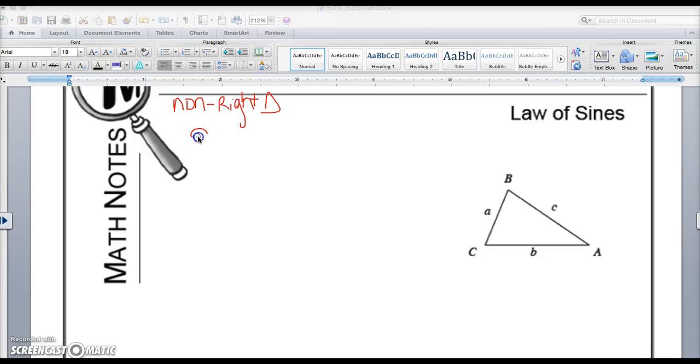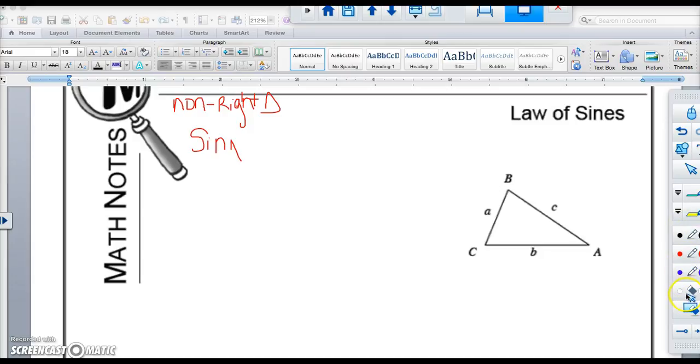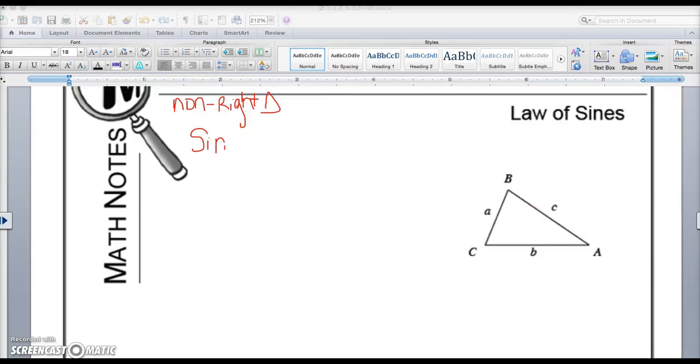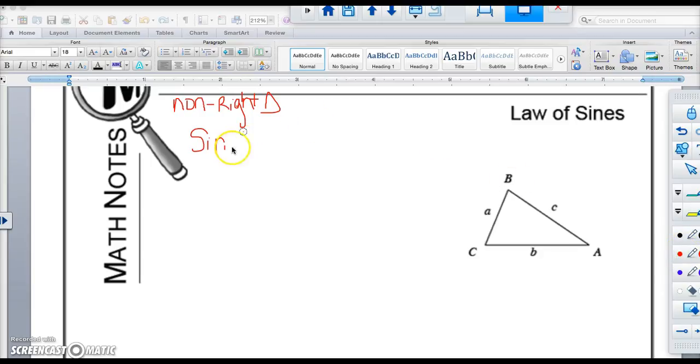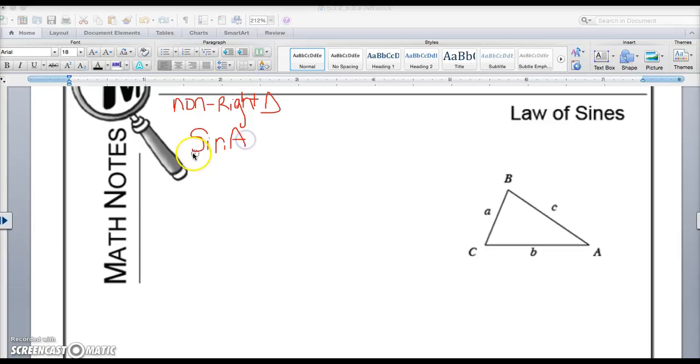So the formula says the sine of A over a is equal to the sine of B over b, and it's also equal to the sine of C over c.